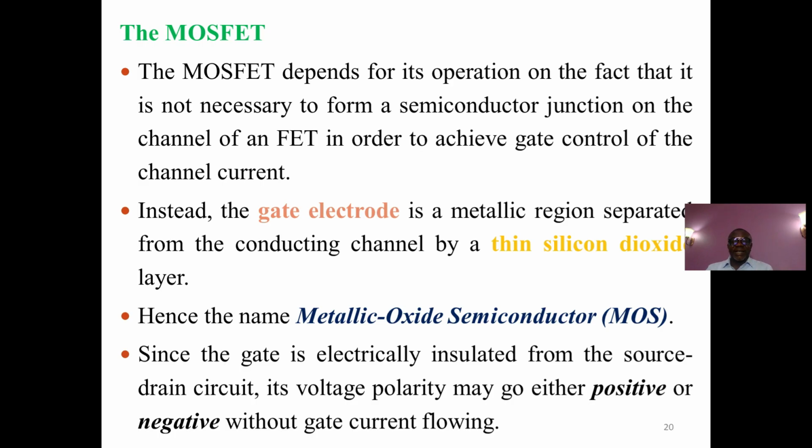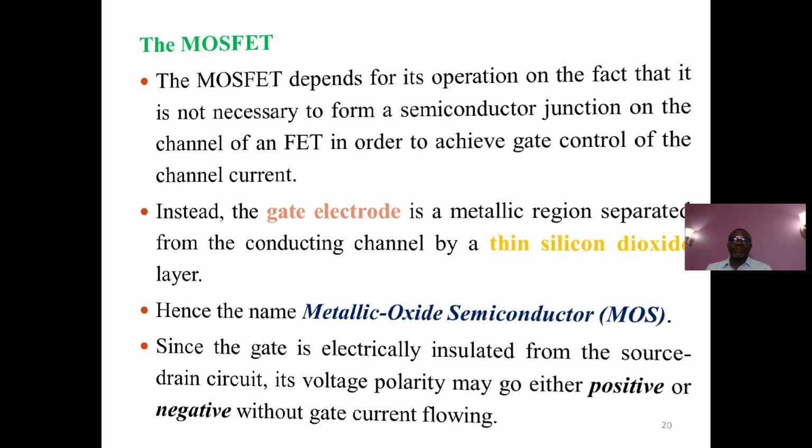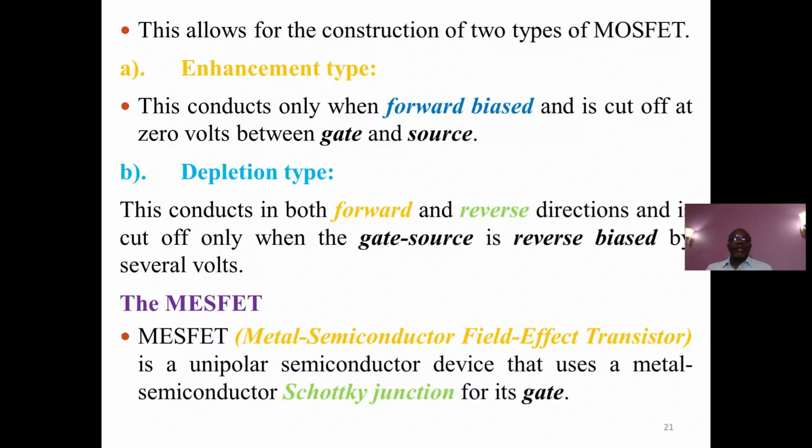Since the gate is electrically insulated from the source drain circuit, its voltage polarity may go either positive or negative without gate current flowing. So it doesn't matter whether it is connected to positive or negative. This allows for the construction of two types of this MOSFET.